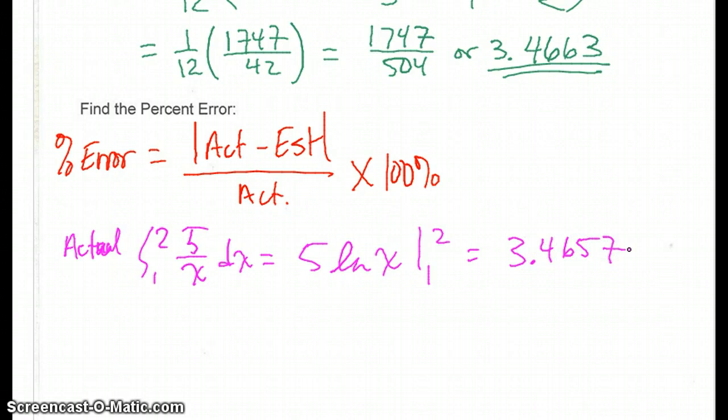rounded to the nearest fourth decimal place, or 10,000, 3.4657.